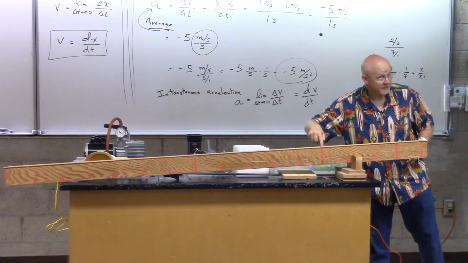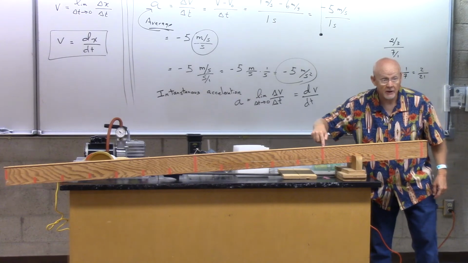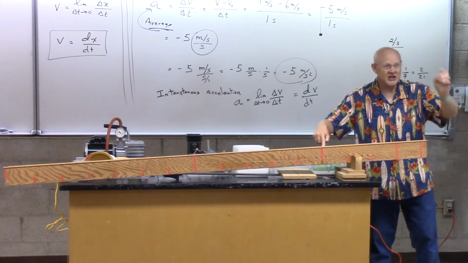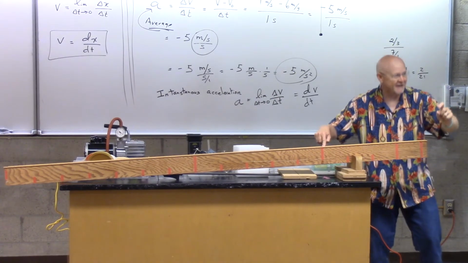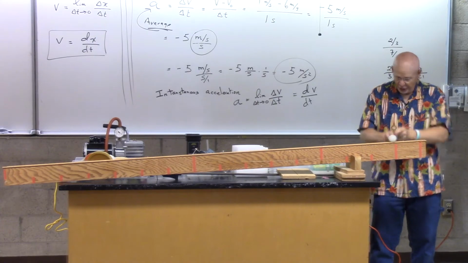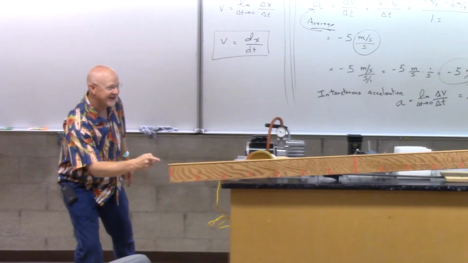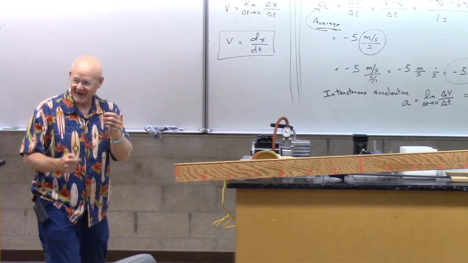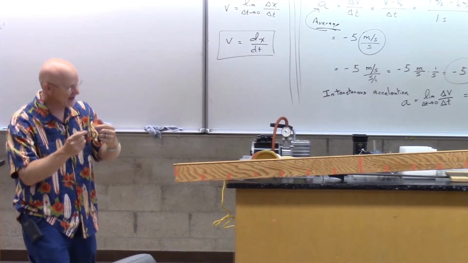Right here. How fast is it going right here? 60 centimeters per second, because it changes by 30 every second. So 0, 30, 60, 90, 120. It changes by 30 every second.